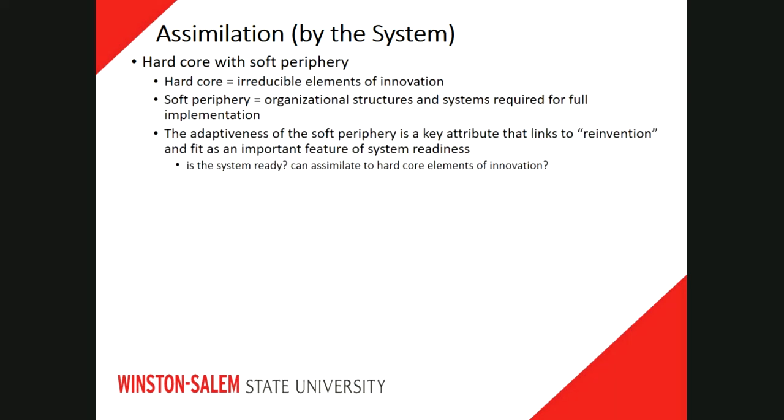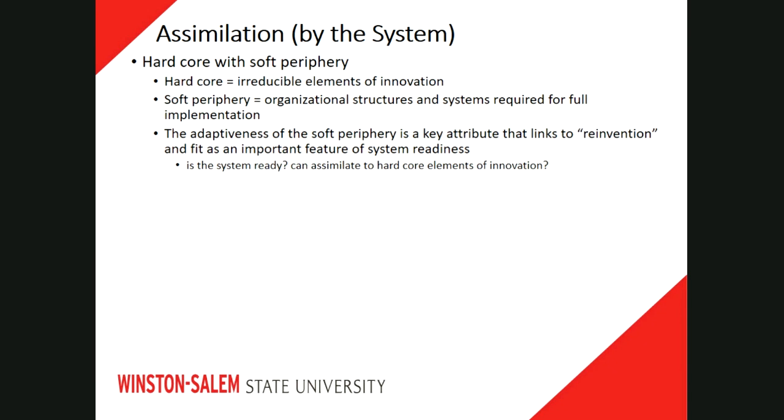And so when it comes to assimilation and those challenges and surprises that are anticipated and some unanticipated, what you want to take into consideration is the hard core with the soft periphery. That's the term that's used. So the hard core refers to the irreducible elements of the innovation. What are the core elements of the innovation that cannot be changed? And also consider the soft periphery.